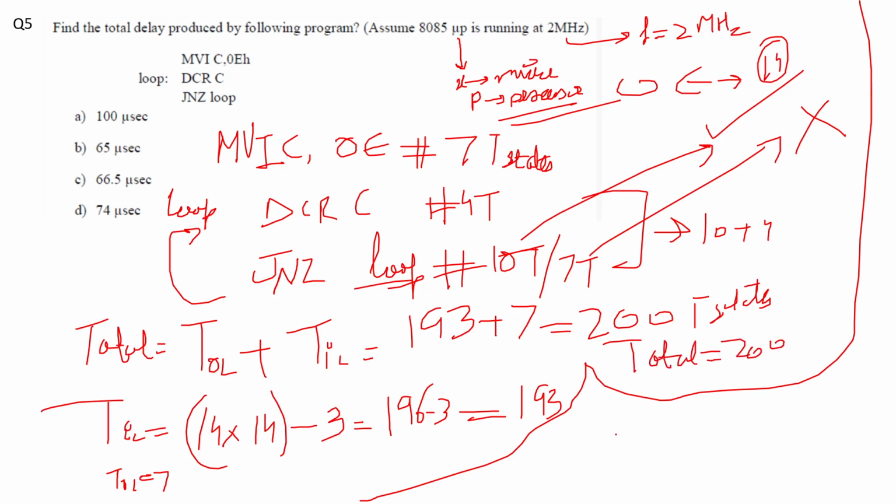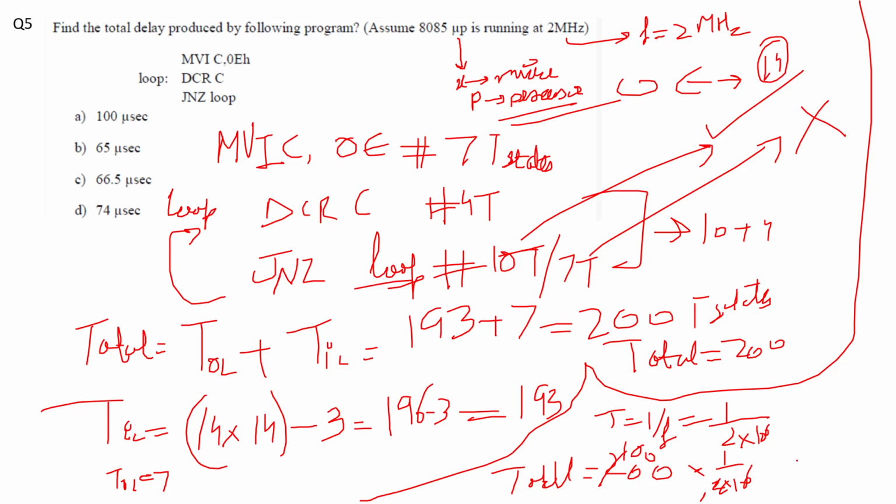T will be equal to 1 by f, that is 1 by 2 into 10 to the power 6, and you know that your total delay will be equal to 200 into T. So this 2 cancels with the 200, giving 100 into 10 to the power minus 6, which equals 100 microseconds. So option A is the correct answer.